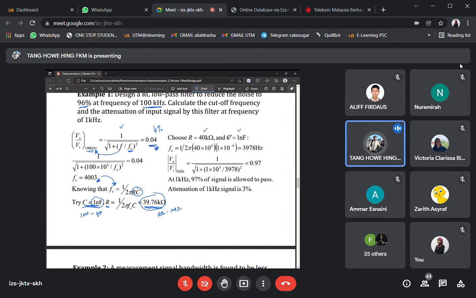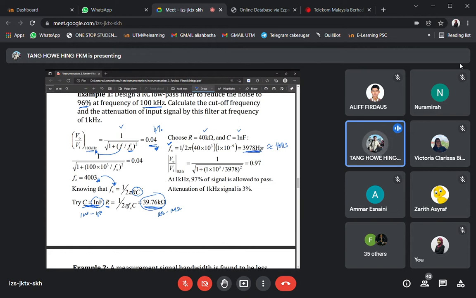1 nanofarad. We recalculate, using this standard resistor and capacitance, what the effect will be on the cutoff frequency. We substitute back into the cutoff frequency function and found that the cutoff frequency is now 3,978 hertz. This is quite close to the desired 4,003 hertz.